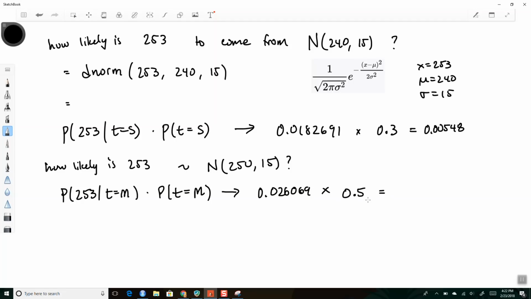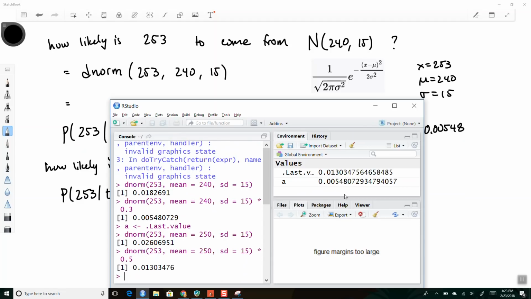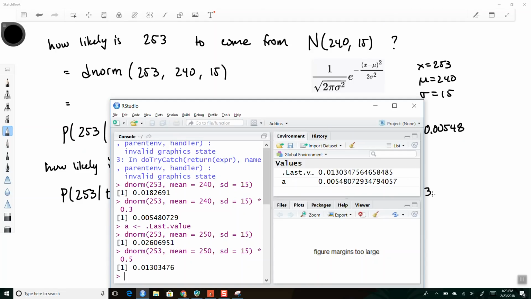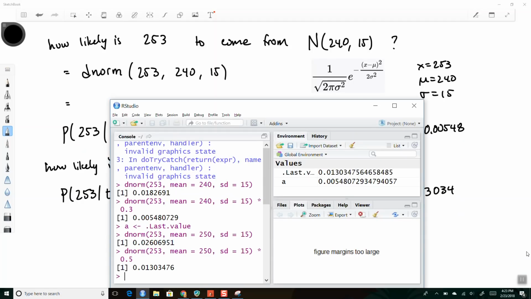Because our stack of shirts was 50% medium. And so this value times 0.5 is 0.013034. Okay, and I'll call this B.